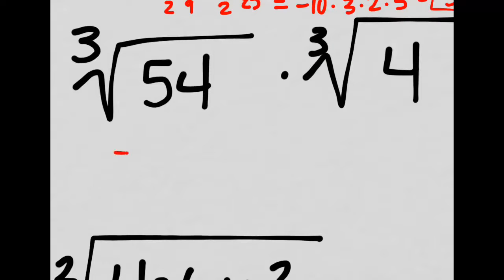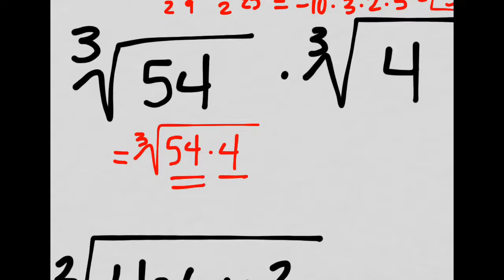So I can say that this is equal to the cubed root of 54 times 4. Okay, now 54 isn't a perfect cube, and 4 is not a perfect cube either. I'm looking for 3 things that multiply by themselves. Now in this case, I set it up so that it would multiply through and kind of give me some easy numbers. 54 times 4 happens to equal 216.